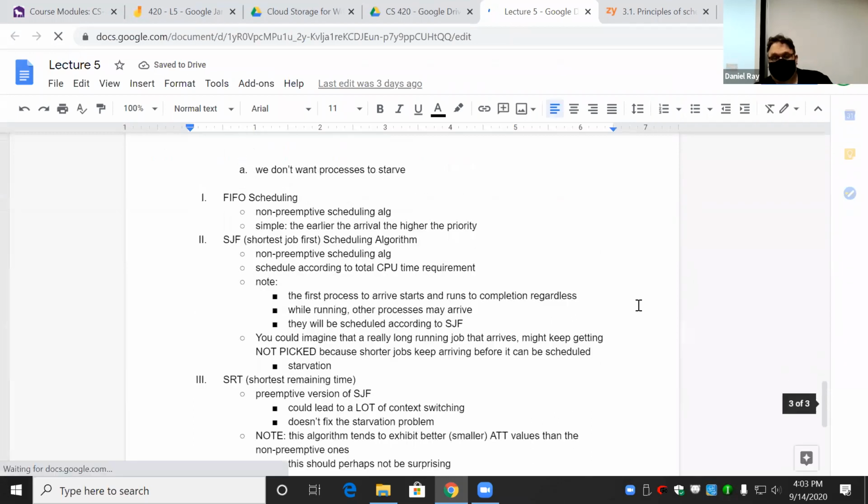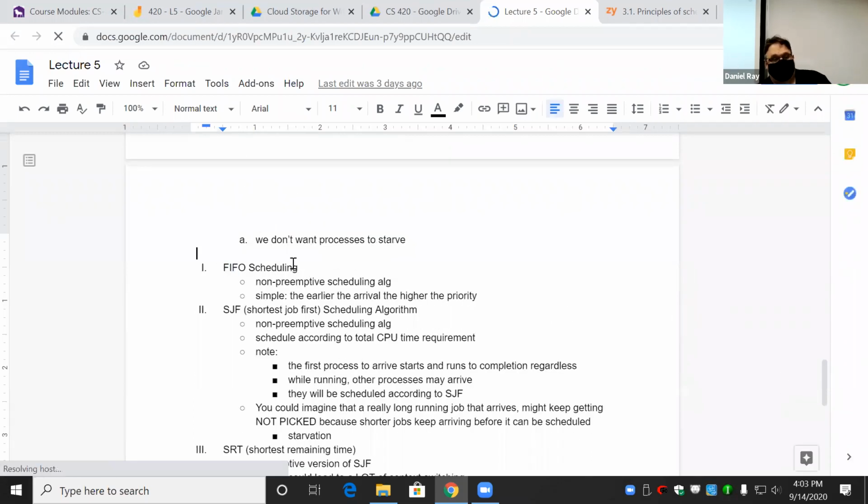So the first and the second scheduling algorithms are examples of non-preemptive scheduling algorithms. And remember what that means. That means that they are not designed in such a way that they are going to do a context switch on a non-blocked running program, a running program that is not moved to the blocked state.